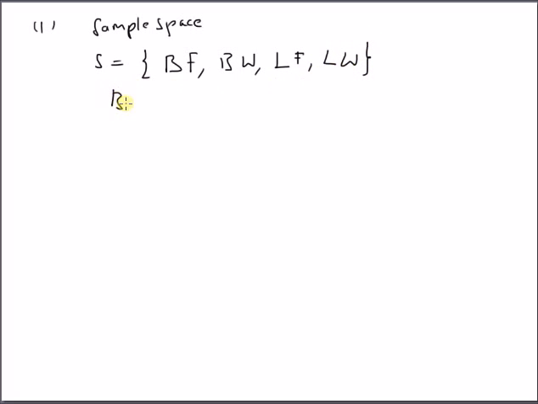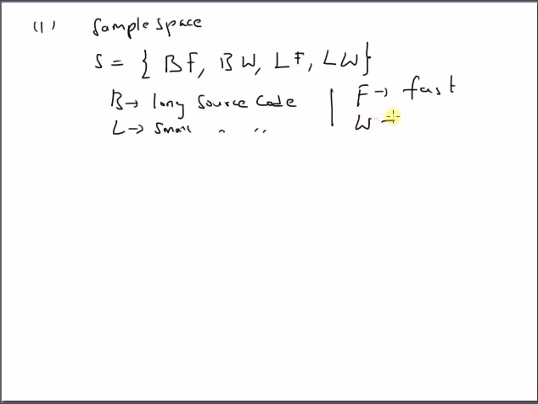So here B stands for long source code and L stands for small source code, and F stands for a fast code, that is, it takes very little time for execution, and W stands for a slow code, or it takes very long time for execution. So this is the sample space.